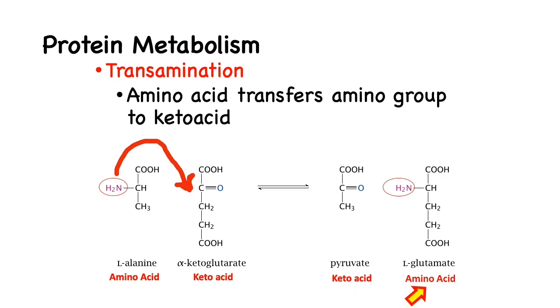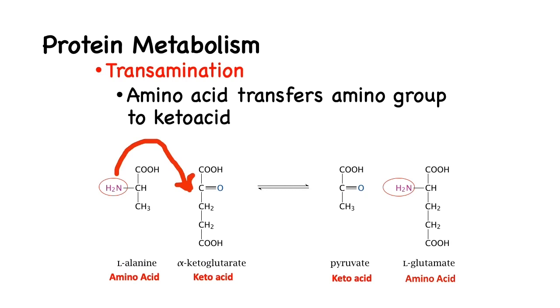The only difference between the amino acid and the keto acid then is the presence of the amino group. If there is an amino group, it is an amino acid. If there is not, it is a keto acid. This allows me to use different types of keto acids to make amino acids by just simply adding an amino group, and the opposite is true.